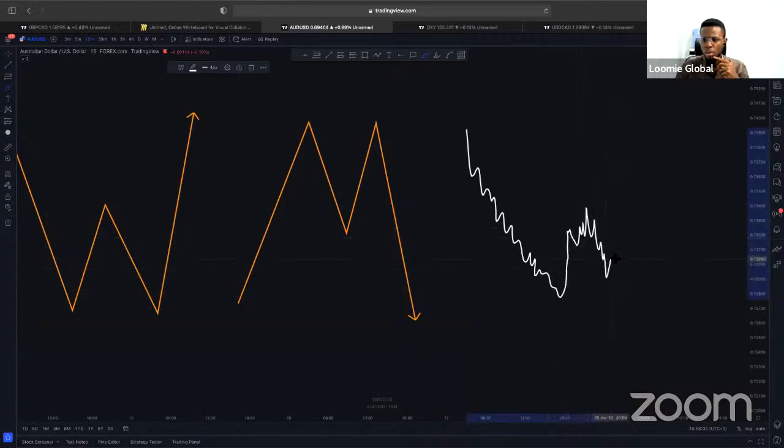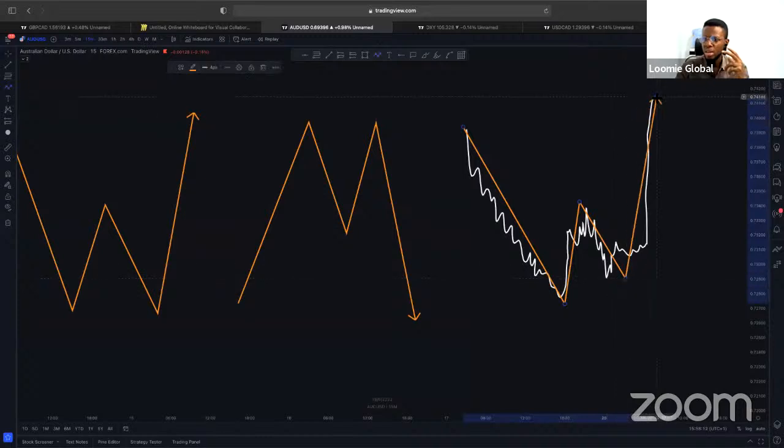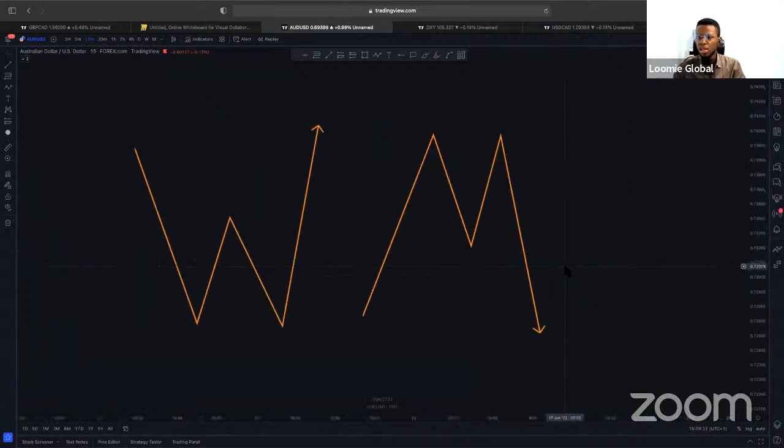Maybe something like this, right? It is your sense of understanding what the chart is trying to do that will enable you to spot that this is a W pattern formation, right? The same applies for your M pattern and all the other chart patterns that we'll be discussing.